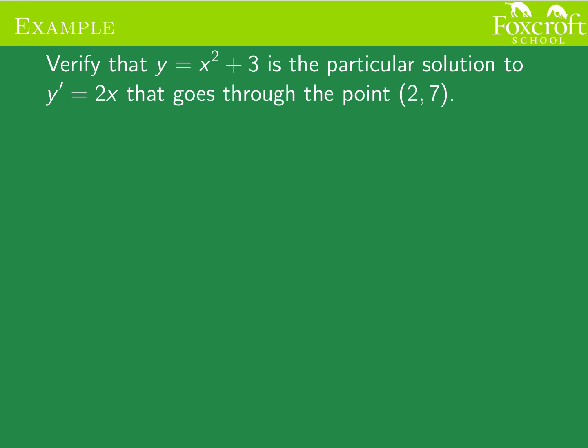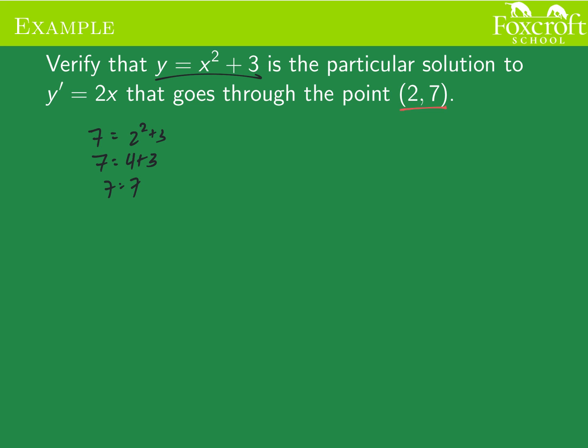It might look like this: you have the differential equation y prime equals 2x, and you want to find a solution that also goes through the point (2, 7). If we have y equals x squared plus 3, let's see, 7 equals 2 squared plus 3, 7 equals 4 plus 3, 7 equals 7.